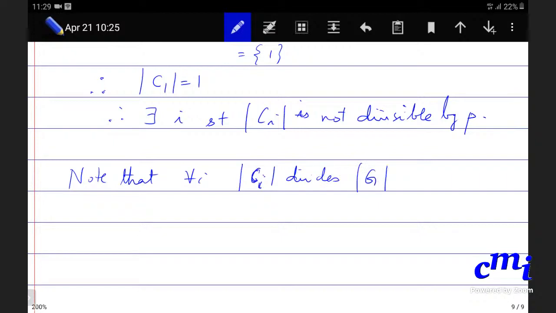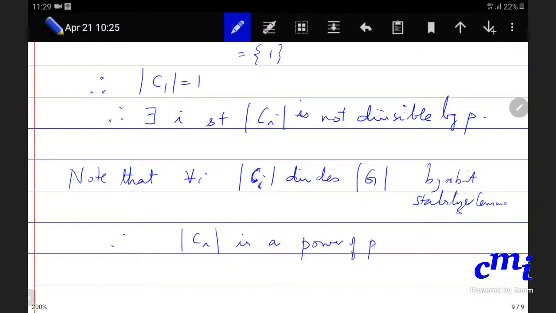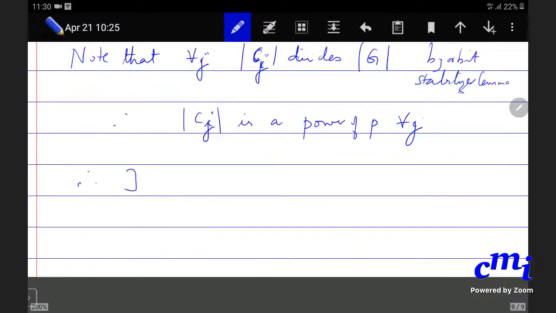Okay, so by the orbit-stabilizer lemma, this divides the order of the group. Okay, therefore, |Cj| is a power of P for all j. Okay, maybe I should use j here. Therefore, for this particular i, it must be 1. Therefore, there exists i such that |Ci| is 1.